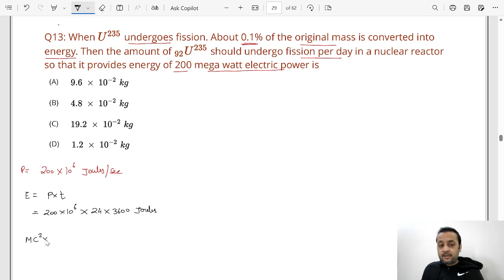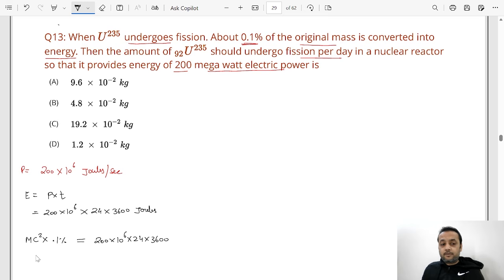That means mc square energy will not be produced; 0.1% of this energy will be produced. So 0.1% of mc square is the energy you will actually get, and this should equal 200 into 10 to the power 6 into 24 into 3600.